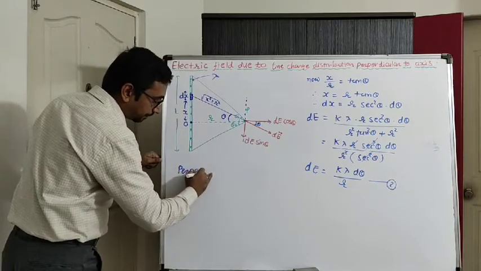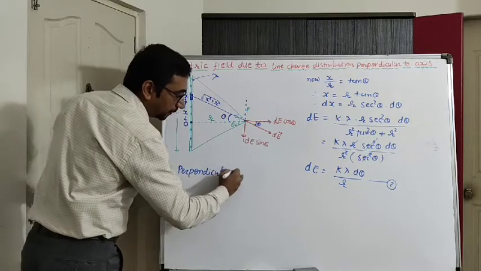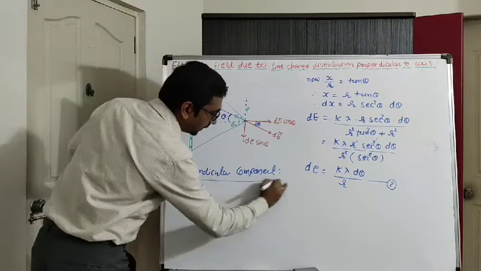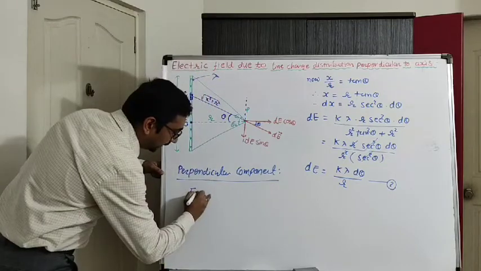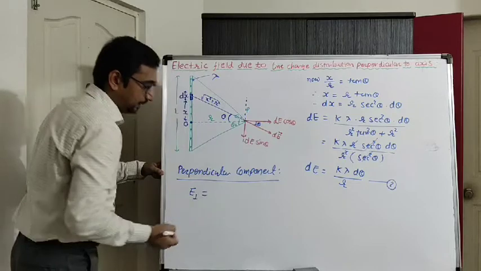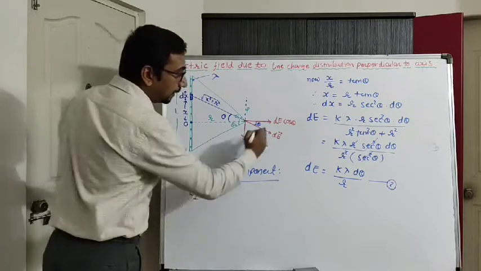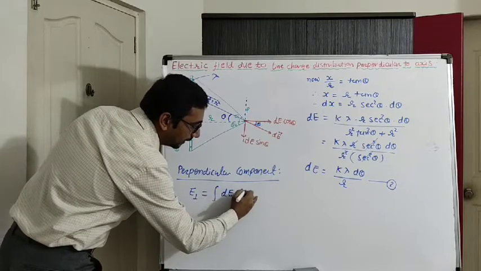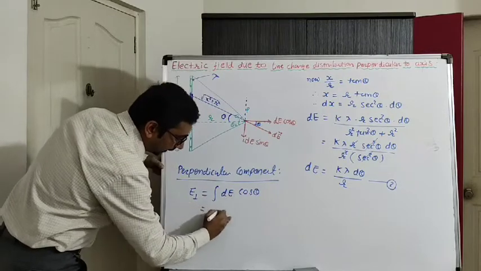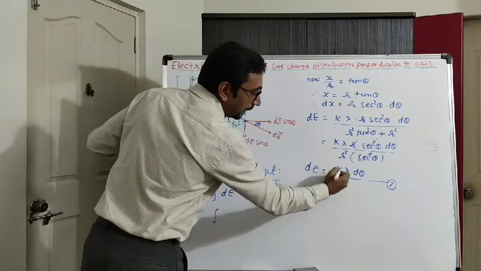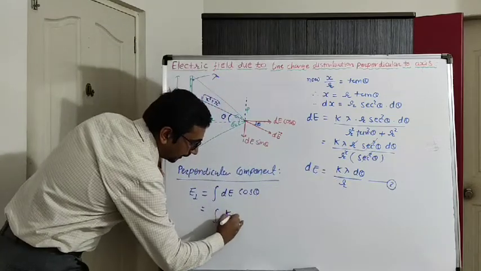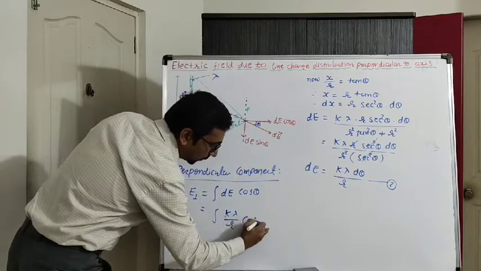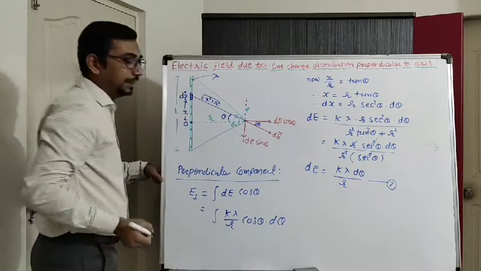The perpendicular component E perpendicular is equal to the integration of dE cos theta. So that is the integration of, what is dE? k into lambda upon r into d theta, so into cos theta into d theta.